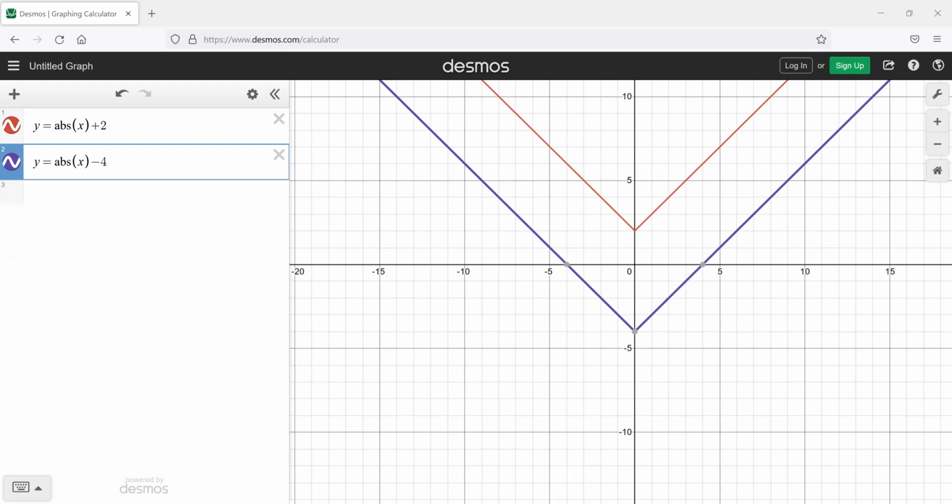Yeah, it's down. So see how the number on the right here, that's what decides whether it goes up or down. Okay, so let me go back to the other screen and I'll show you what you want to write down.